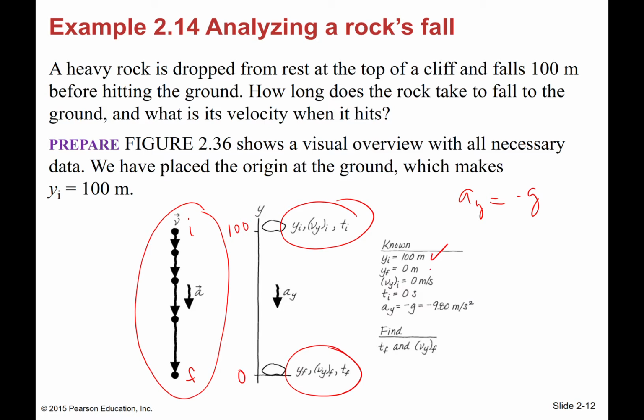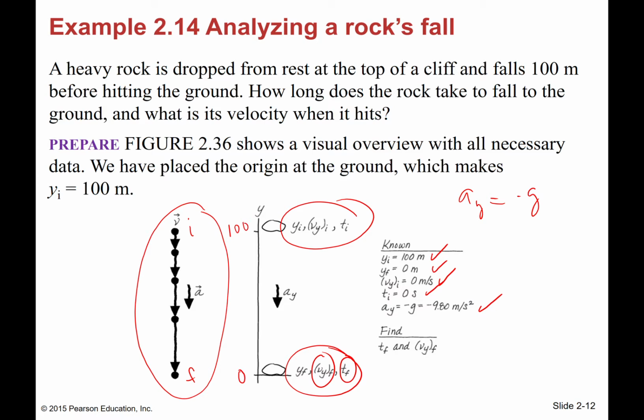Our y final is going to be 0. Our v initial is 0 because you're dropping it from rest. Our t initial, we're going to set our stopwatch to be 0. The acceleration is minus 9.8, and we need to find the time and the final velocity.